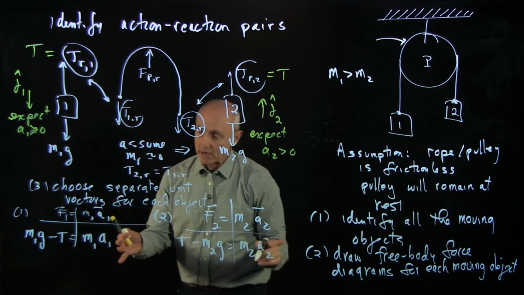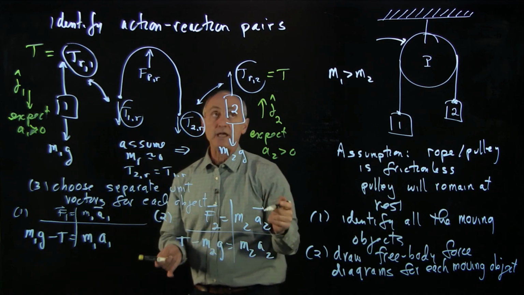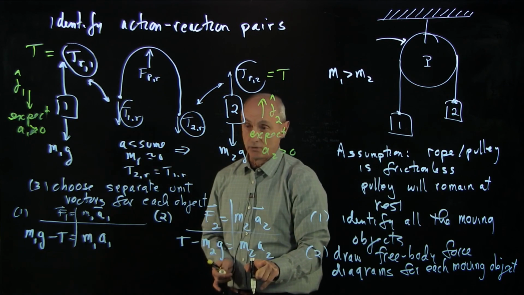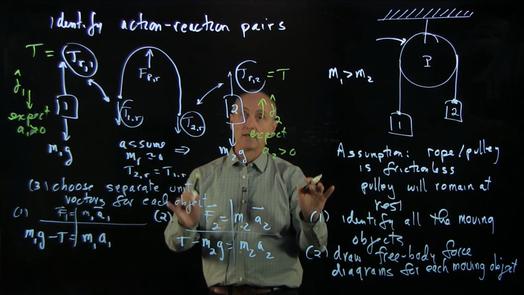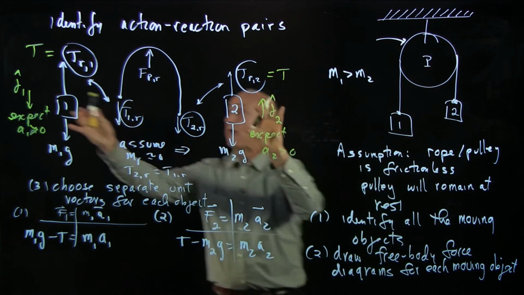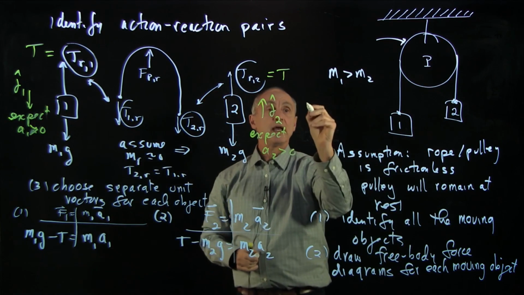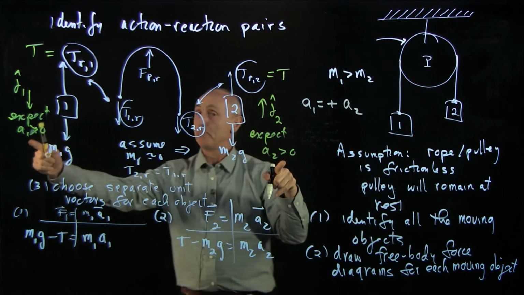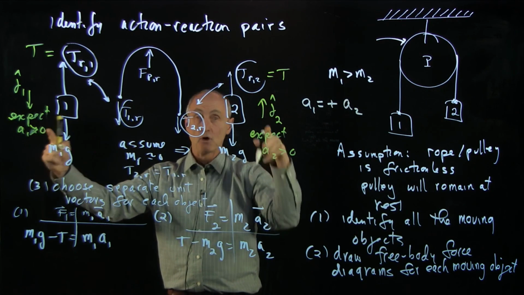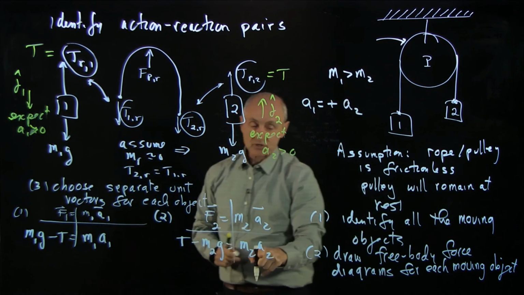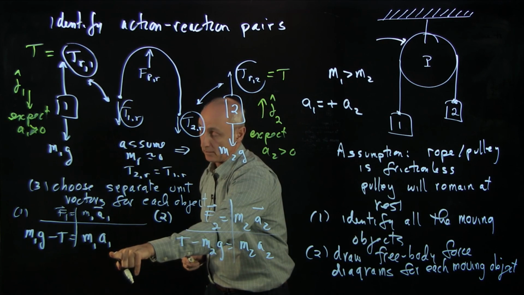But when I look at these equations, I see that I have three unknowns. I have T, a1, and a2. But I have a constraint. Because these objects are moving together, and the way I've chosen the coordinate systems, a1 is equal to plus a2. Both are positive with respect to my choice of coordinate systems. And so these two a's are the same.